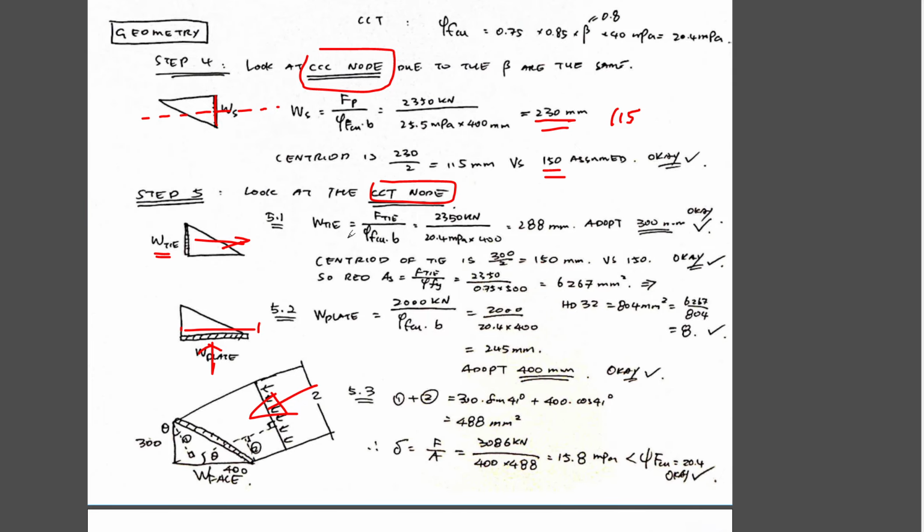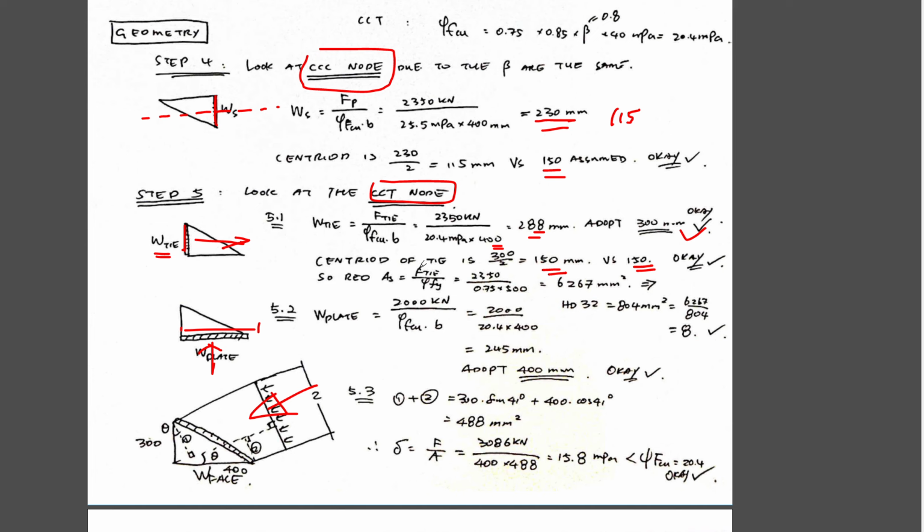Same thing, we're going to use the simple formula here: force over the stress times the width, 400 width. That gives 288. I'm going to say 300 for the width of the tie here. That's okay. Then we can work out the centroid of the tie, which is 150, versus our assumed 150, which is fine.